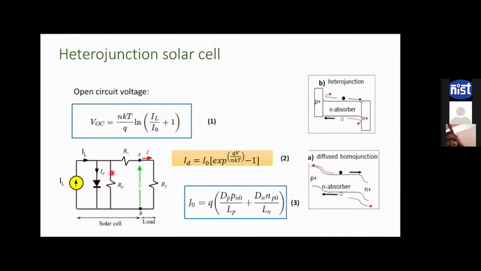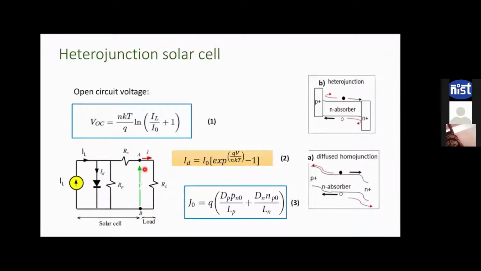Whenever there is a voltage developed across your solar cell, this voltage makes the internal solar cell diode forward bias. So we are talking about under illumination. Under illumination, a certain amount of voltage gets generated in your solar cell.